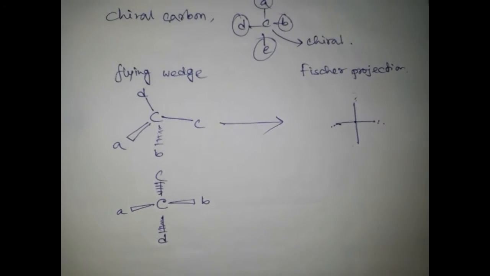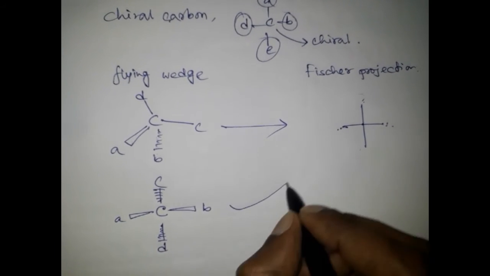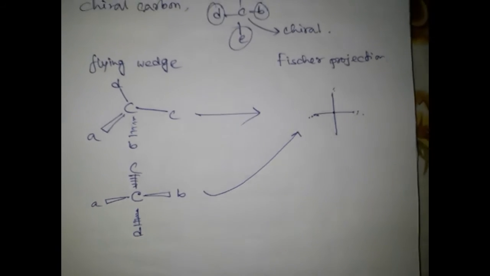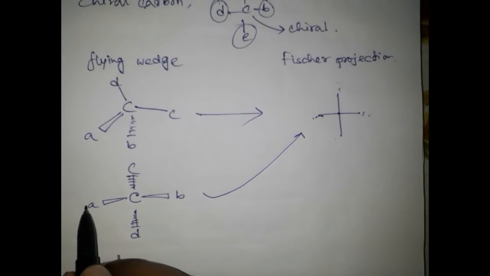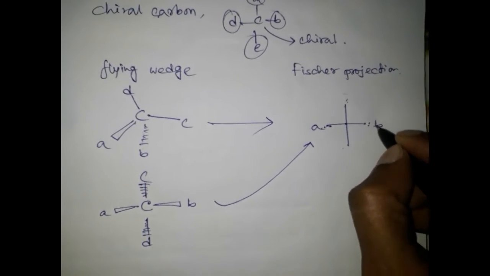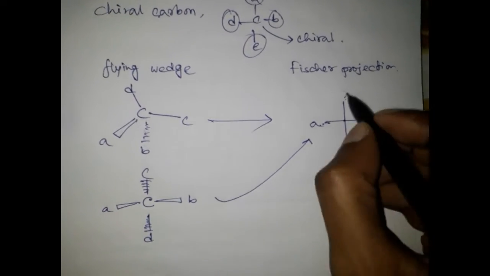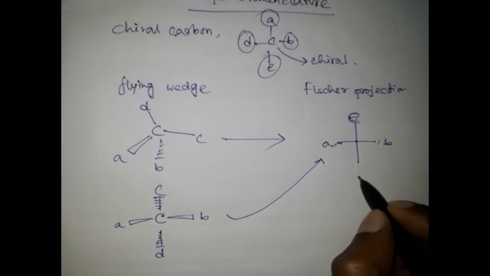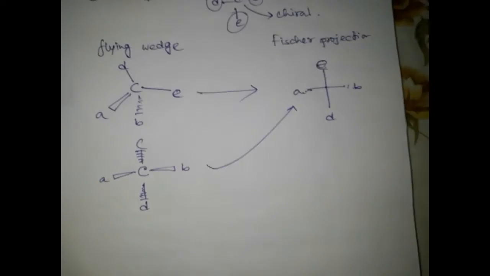We will use this configuration and then convert it to the Fischer projection. The horizontal 2 bonds will be above the plane and the vertical 2 bonds will be below the plane. Clear?